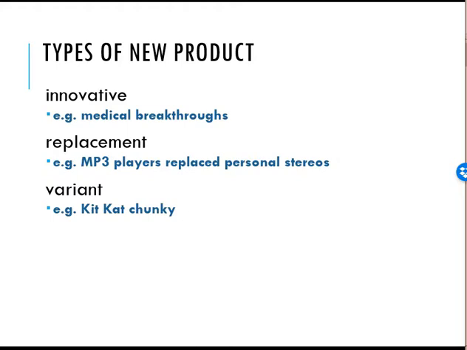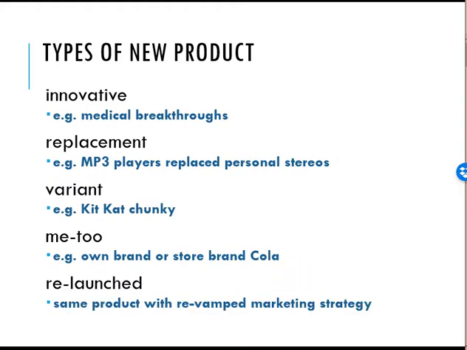Variant products are when you come out with variations in the main product. Me Too products are where you copy a competitor. And relaunched products are oftentimes relaunched as the same product, but with a different marketing strategy.